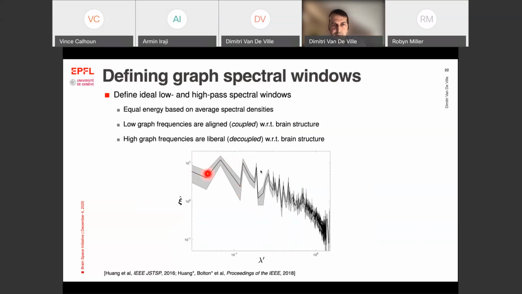To do that, we look again at our averaged graph spectral energy density that we got from our fMRI data, and we decide on the cutoff between the low pass and the high pass filter as the frequency for which we have equal energy on both sides.